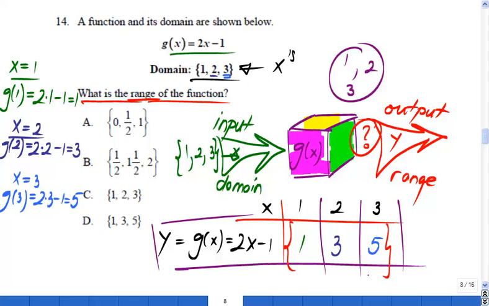Well, the range is my y, okay? Is the set formed by all my y's, all the outputs that are coming outside of my box if I'm plugging in 1, 2, and 3. And that's the set with the following elements, 1, 3, and 5. And that's why the answer to this problem is going to be D.